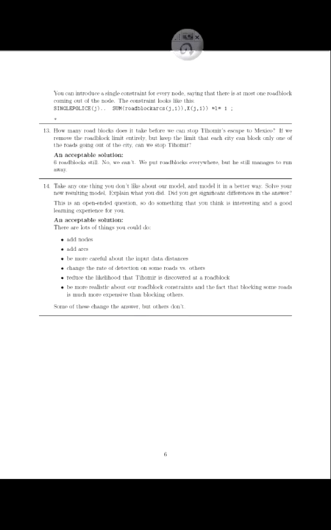So the key point here is to get you to introduce into GAMS a constraint that depends on the nodes. So here's kind of a set of constraints that we're introducing, one for each city, that says that the sum of all the roadblock arcs going out of the city has to be less than or equal to 1, meaning that that city can only block one arc.